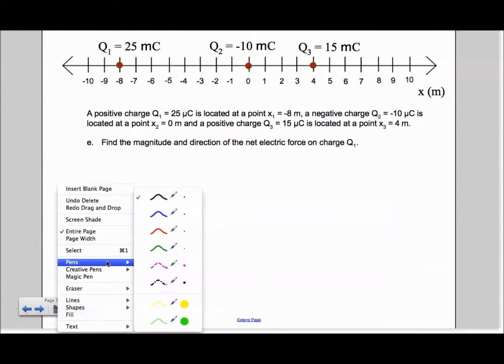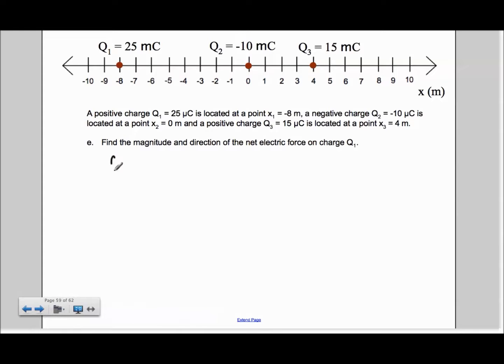Now, in order to find net electric force, first let's create a free body diagram. So first, Q1 experiences a force towards Q2, and this force will be greater than the force it experiences away from Q3, since they have a bigger distance between the two. And Q3 and Q1 have the same charge, so it will be away from it, while Q1 and Q2 have opposite charges, so it will go towards Q2.